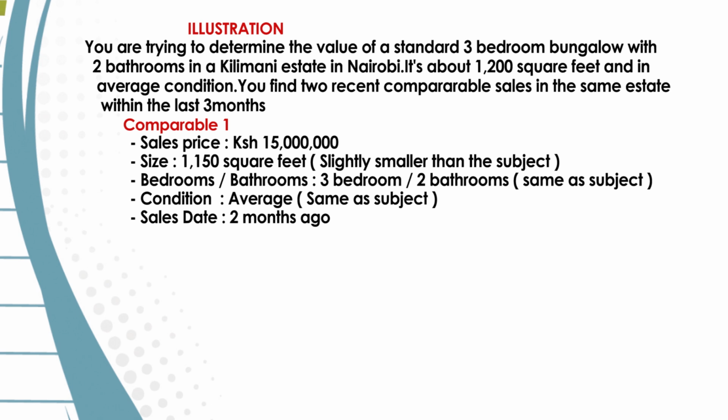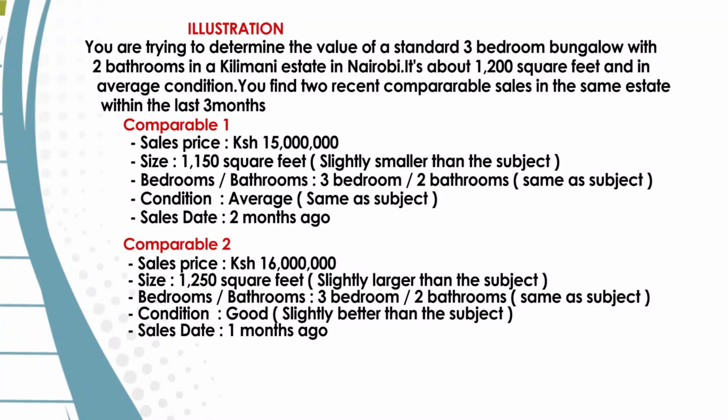Comparable 1, the sales price is 15 million. The size is 1,150 square feet, which is slightly smaller than the subject. Then there are 3 bedrooms and 2 bathrooms, which is same as the subject. The condition is average, same as subject. Then the sales date is 2 months ago.